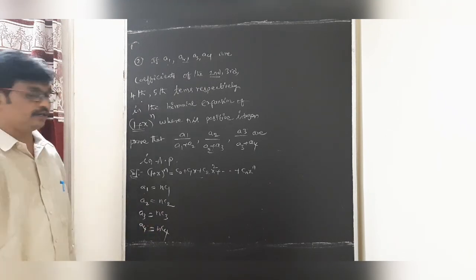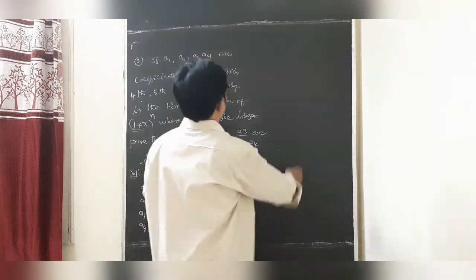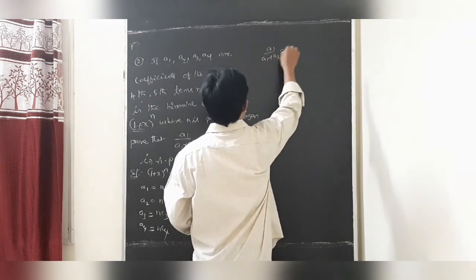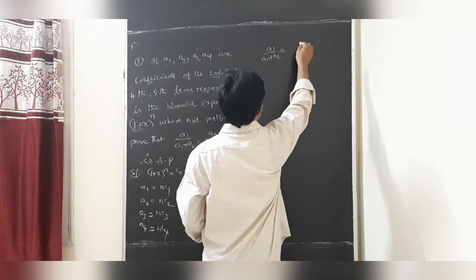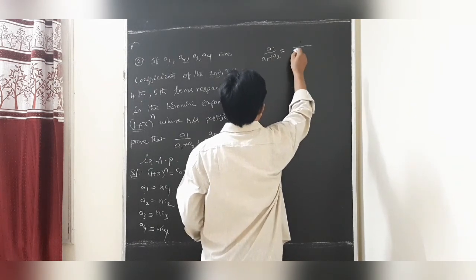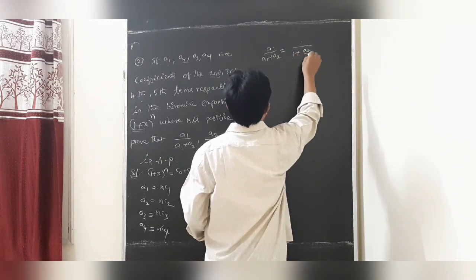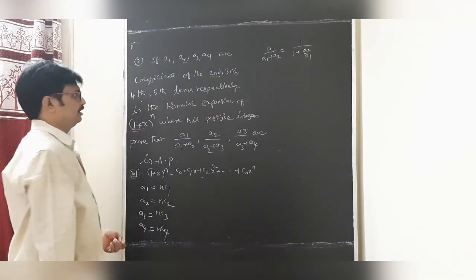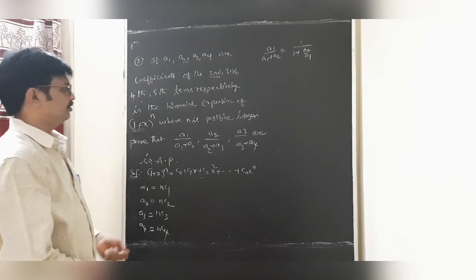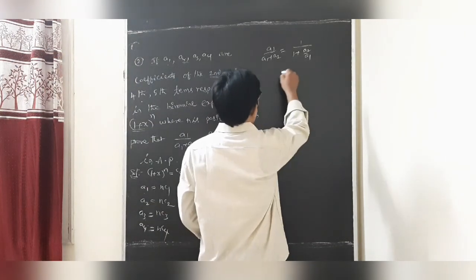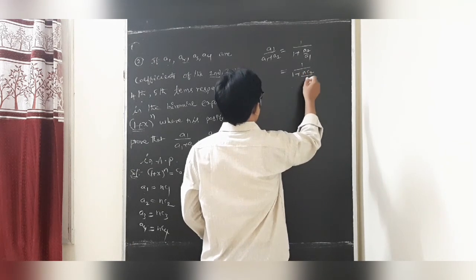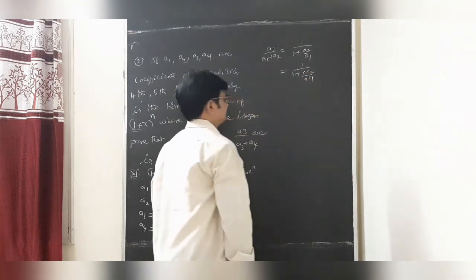All of you dear students, first we have to find A1 upon A1 plus A2. How can you write this? This is 1 upon 1 plus A2 by A1, that is 1 upon 1 plus NC2 by NC1.